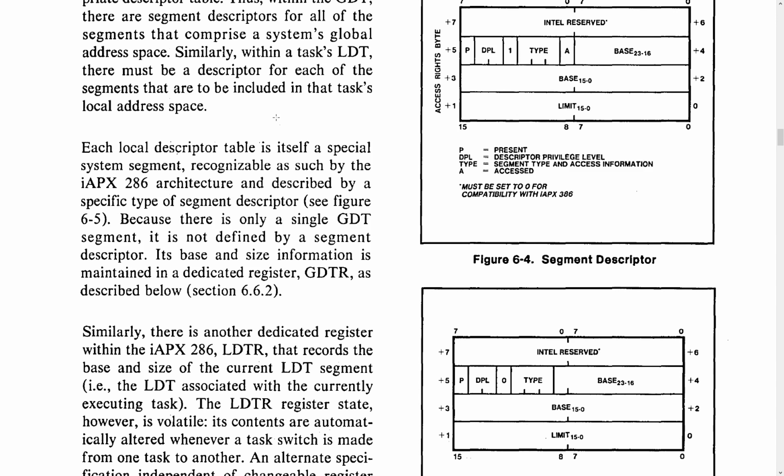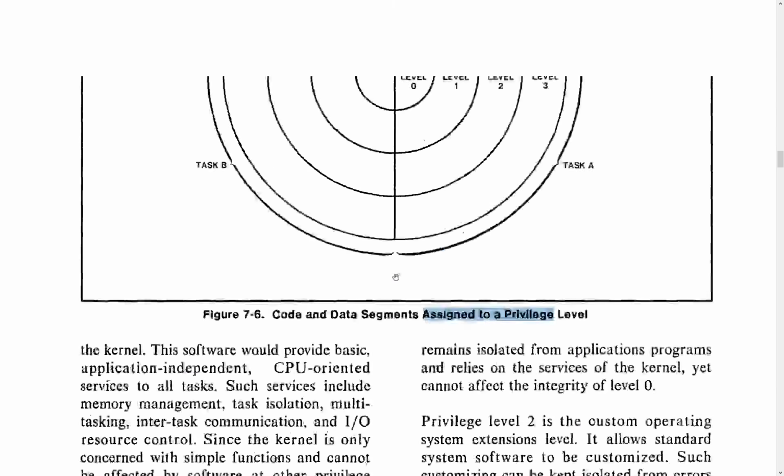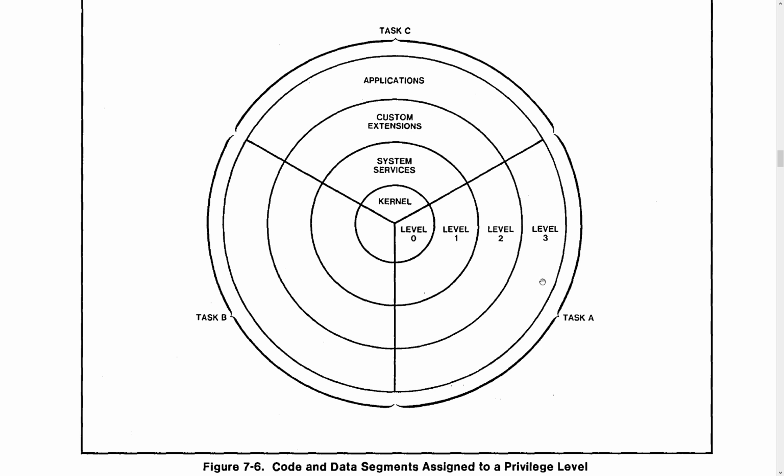But it also has this kind of illustration, and I believe this type of figure was an inspiration for calling these privilege levels ring 0 or ring 3.